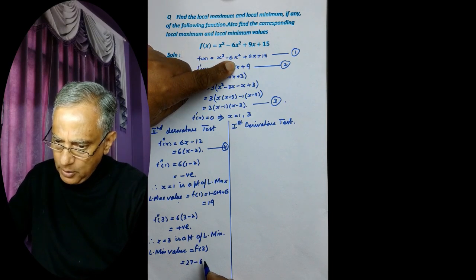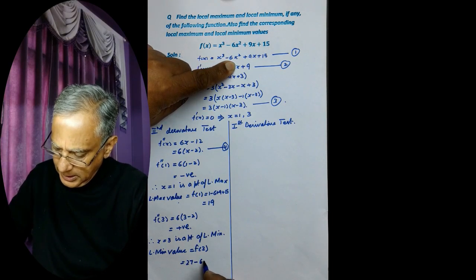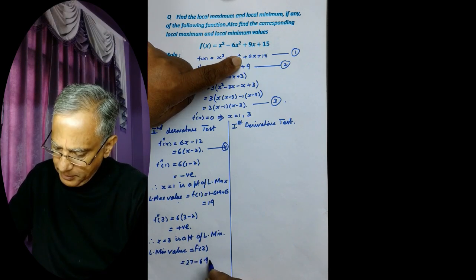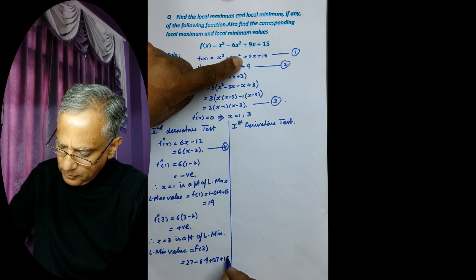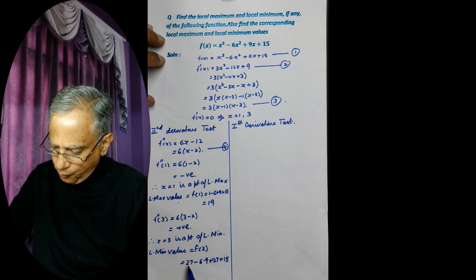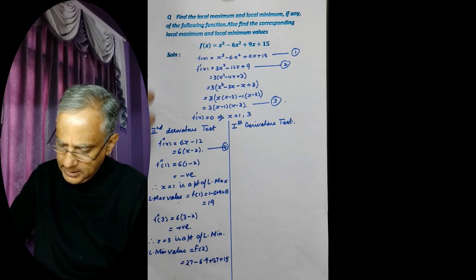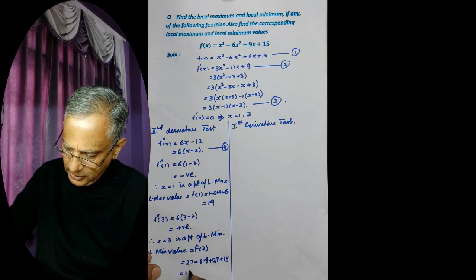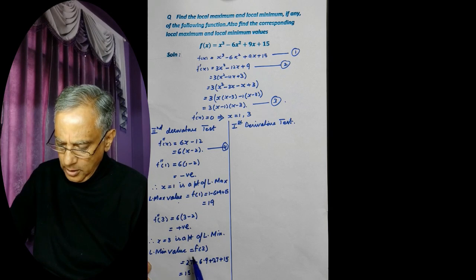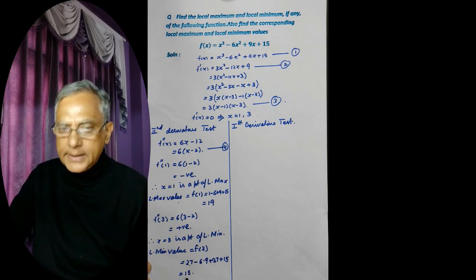Substitute here in 1. 6 into 3 square is 6 into 9, so this is 54. So 27 plus 27 is 54, minus 54 is 0, plus 15 is 15. Therefore, local minimum value is 15. Local minimum value at x equal to 3 is 15.